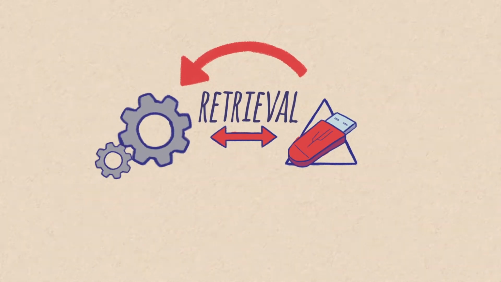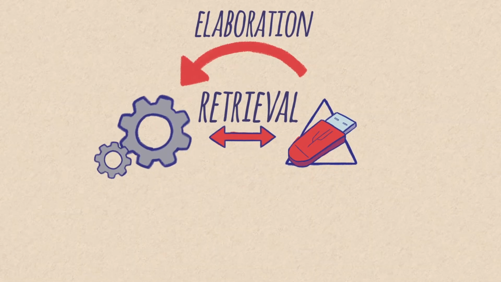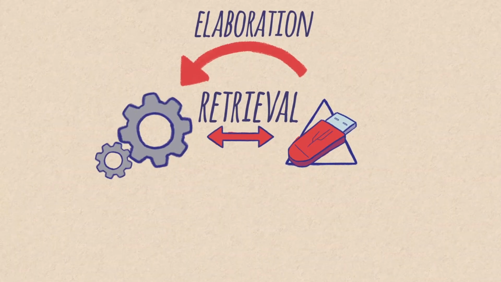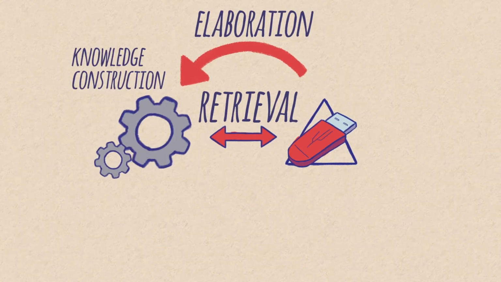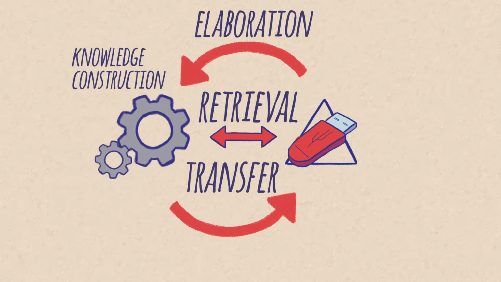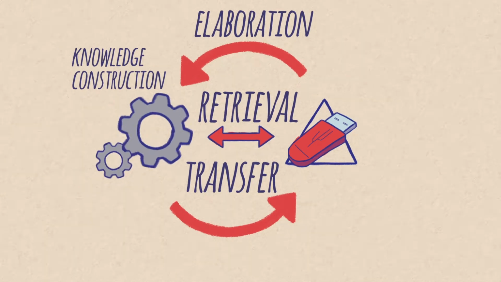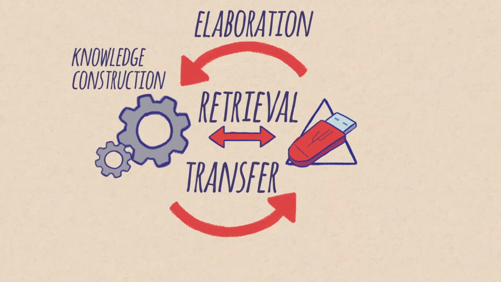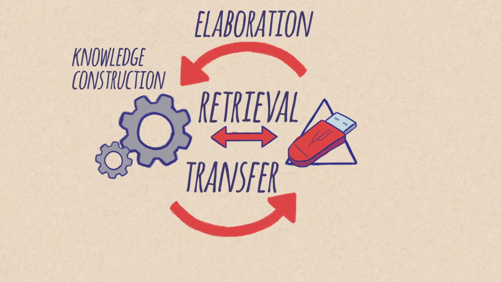In a process that is sometimes called elaboration or elaborative rehearsal, information remains in the working memory only for the short time it takes to manipulate it into newly constructed knowledge. This new knowledge is immediately transferred into long-term memory for storage and subsequent retrieval. So, in essence, learning is the construction of knowledge by combining our prior understanding with new information.